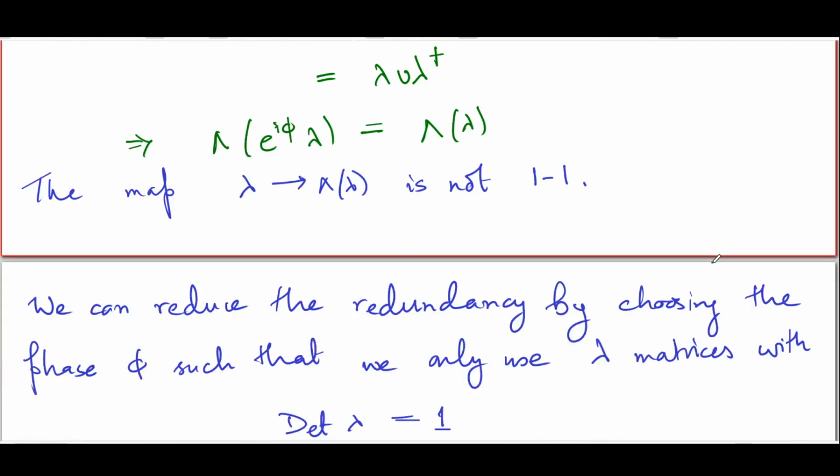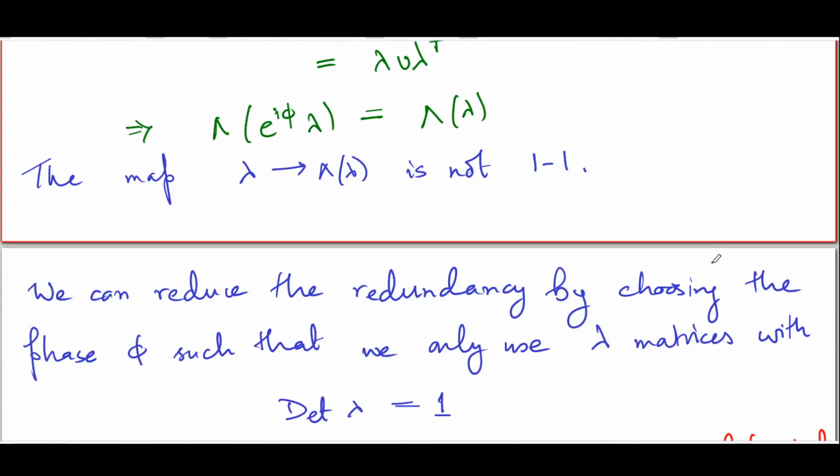Now, in doing this, we are not really losing out on any of the Lorentz transformations which we could have otherwise got, for the simple reason that if we start with a particular matrix small lambda, for which det lambda is not 1 but some phase factor, we could simply multiply it by an appropriate phase factor. It's pretty easy to figure out what that is, so that the determinant of the resulting 2 by 2 matrix becomes 1, and we will then use that one instead of our original lambda, simply because, as we have already shown, lambda and lambda times any phase produces exactly the same effect.